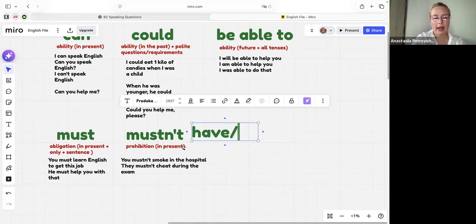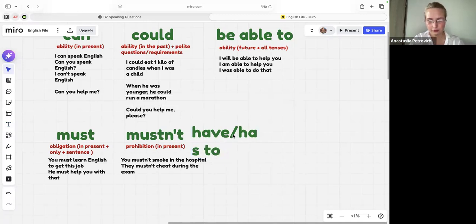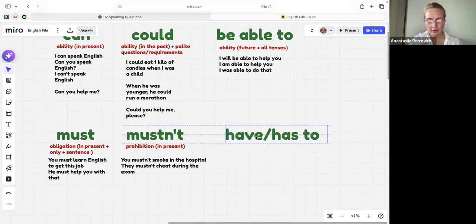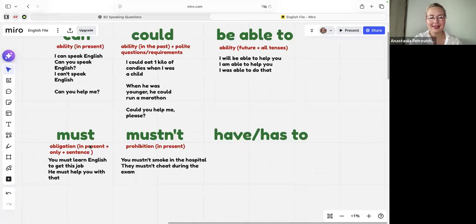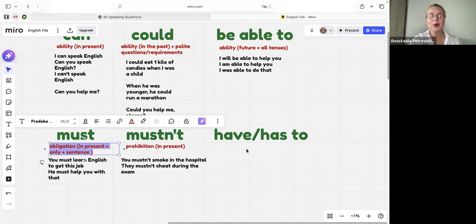Have or has, if it is he, she, it. Have, has to. Так. Have, has to. And this is the same as obligation. So this is the pure equivalent to must.